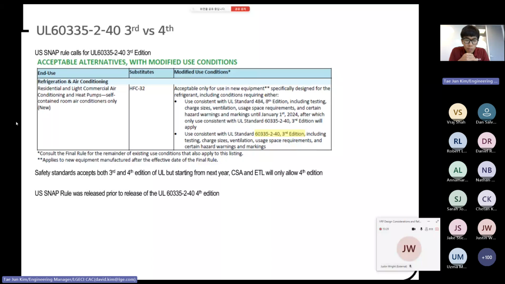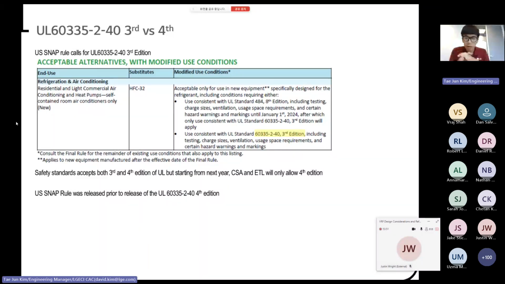But then the problem is that UL 60335-2-40 has two versions that are being referred to right now, the 3rd edition and the 4th edition. Down in the US, they have something called the SNAP rule that allows R32 equipment to be installed. And the SNAP rule refers to the 3rd edition.